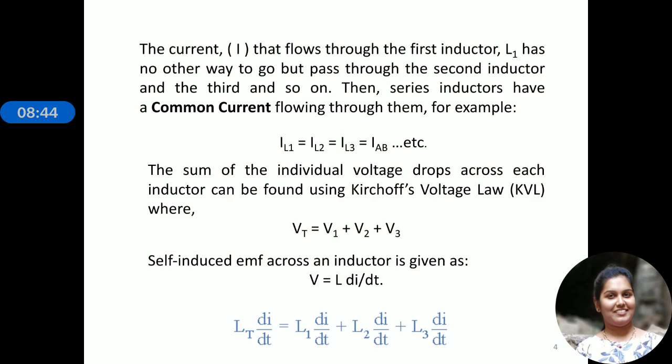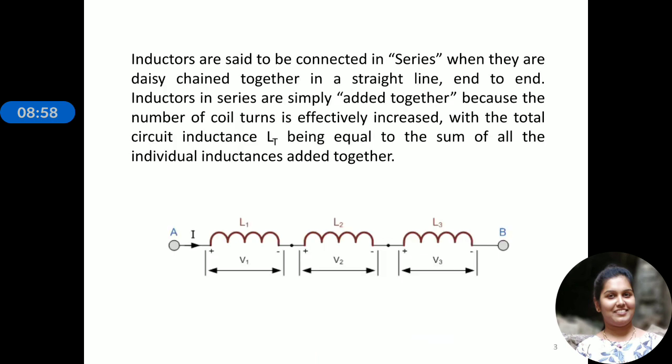According to Kirchhoff's voltage law, the sum of the individual voltage drops across each inductor gives the voltage drop between the terminals A and B. That is, the total voltage is the sum of the voltages across L1, L2 and L3: V total is equal to V1 plus V2 plus V3.